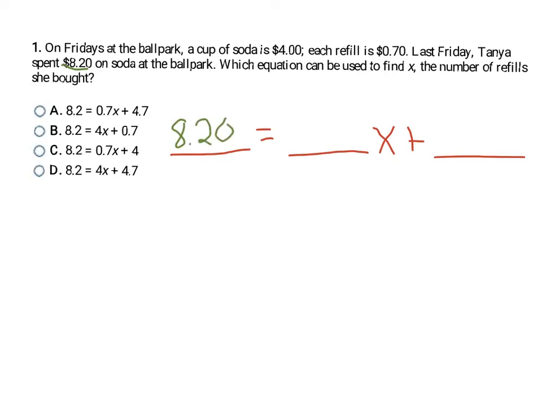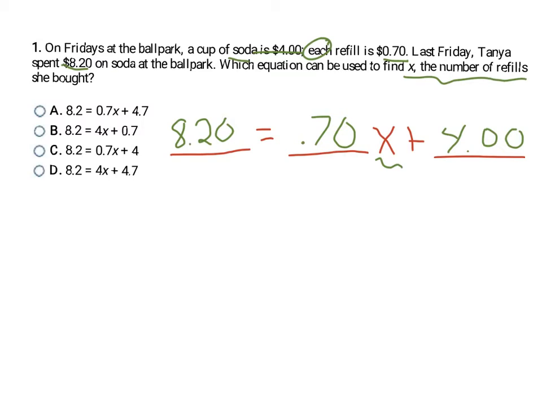And so we also have $4.70. Her initial cost for soda was that $4. So that happened just one time, so that's going to go by itself. And then each refill is 70 cents. That means if she refilled 5 times, you would take 5 times 70. And so it's going to be times our x, and x is the number of refills.